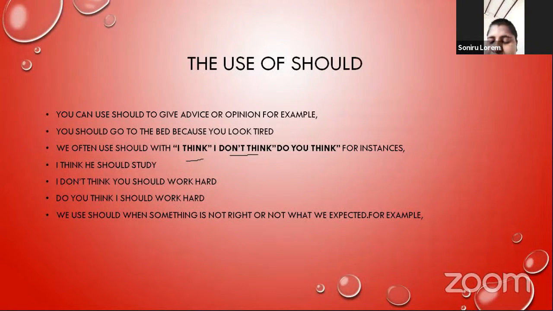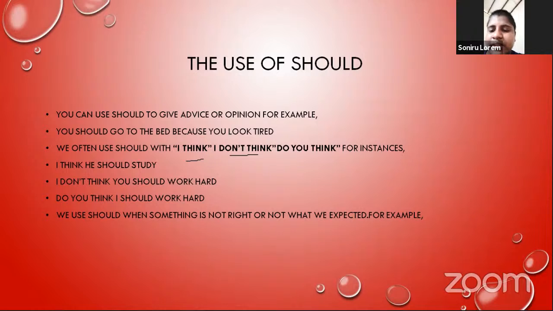And when something is not right, imagine that someone did a house breaking. So I say you shouldn't steal things. That means we use should to say that something is not right, but it is not a very strong word to use. We can use must instead, and must is a stronger word than should. So let's move on to the next page, which is about a very strict grammar rule.